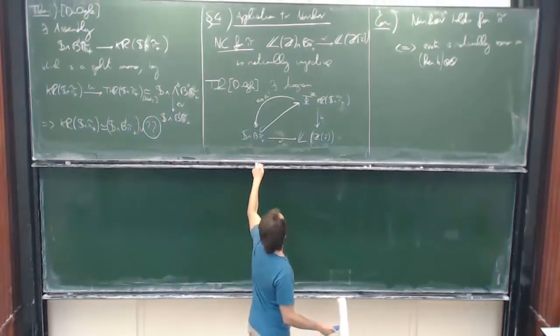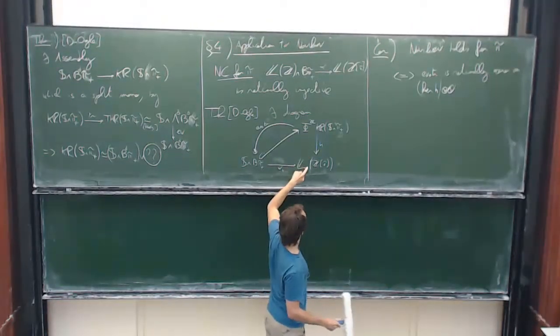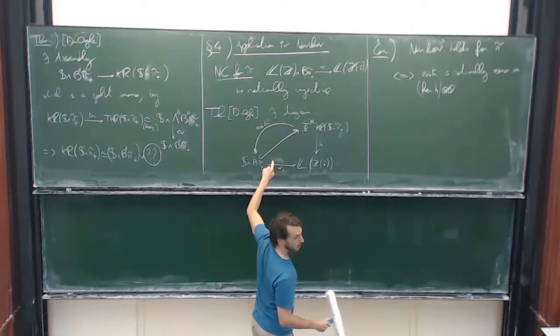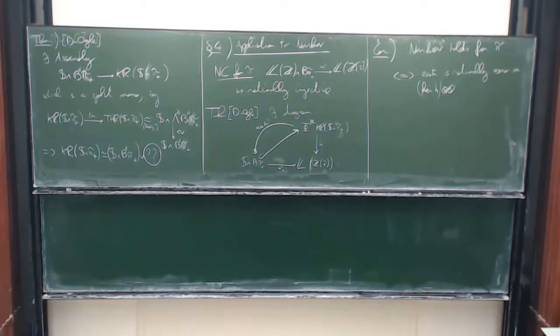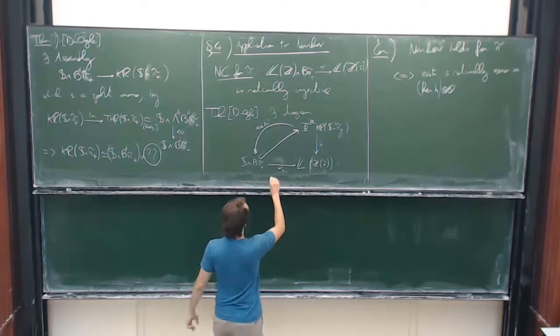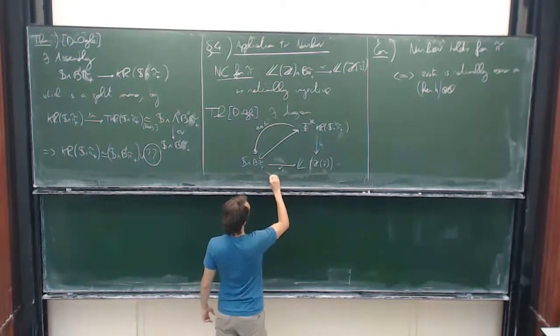Think about it: it is 0 on the kernel of this, which means it descends to a map here. My problem is that it's alpha 0. Alpha 0 is the restriction of alpha along the unit.